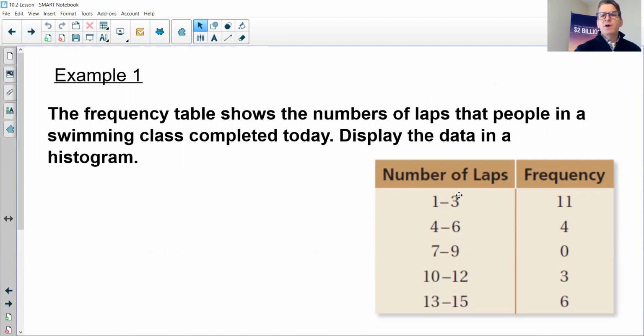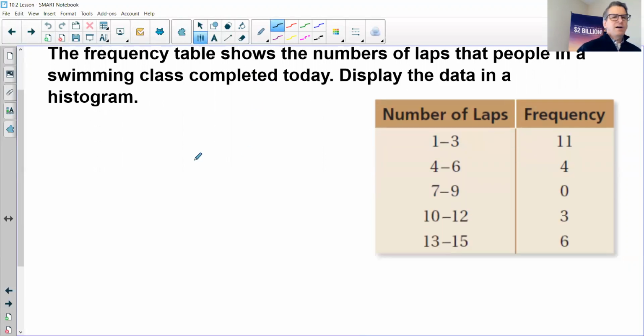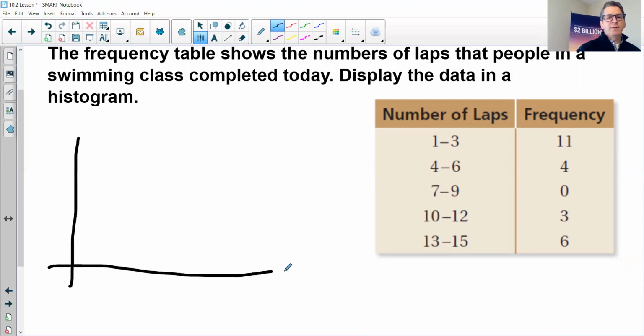Okay, so we have ourselves some laps here. Frequency 11 times, went 1 to 3 laps. So what I'm going to do is put this histogram together. Along the y side, I will have 2, 4, 6, 8, 10, and 12 up to here.